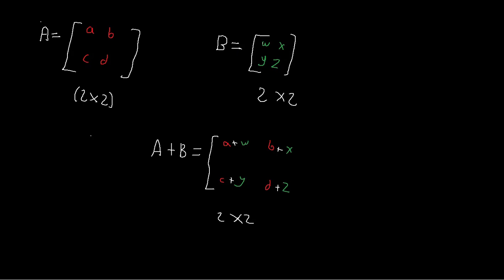D plus Z. And again, we result in a 2 by 2 matrix.